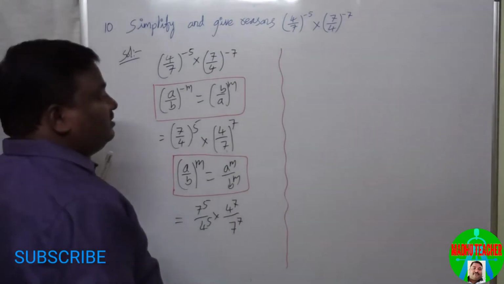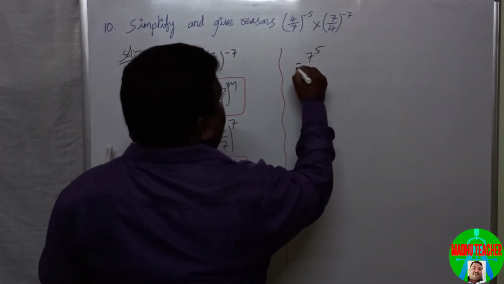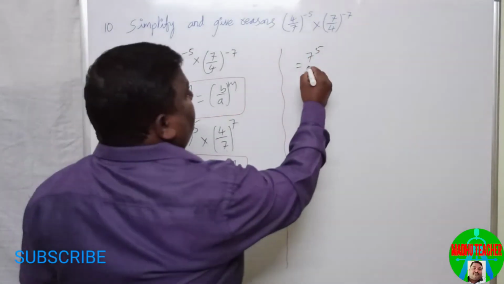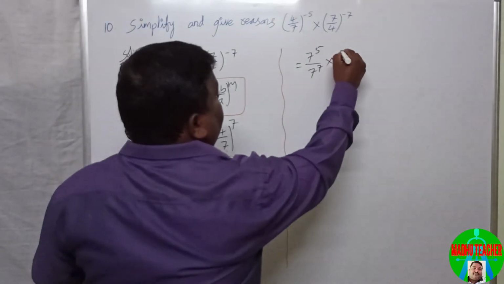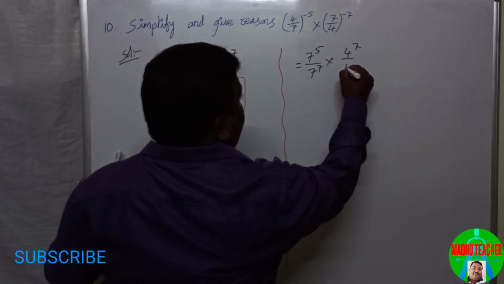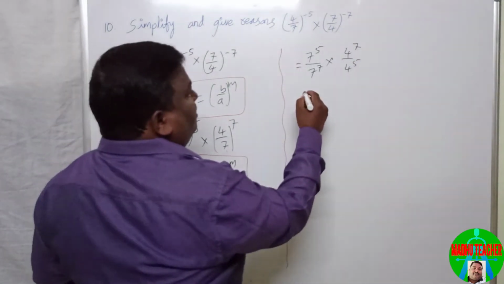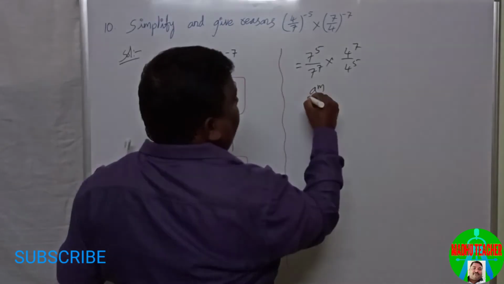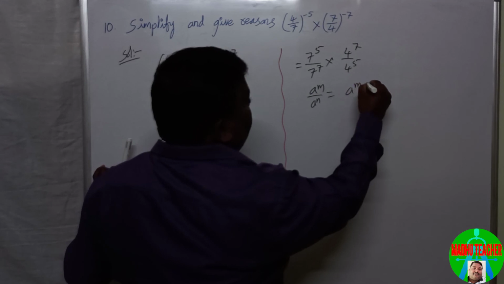Writing same bases side by side, so that is 7 to the power of 5 by 7 to the power of 7 into 4 to the power of 7 by 4 to the power of 5. These are in the form of a to the power of m by a to the power of n equal to a to the power of m minus n.